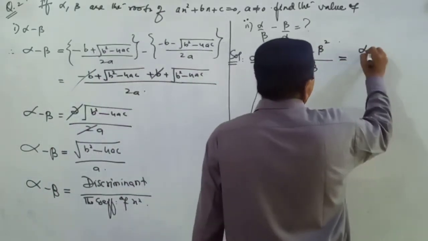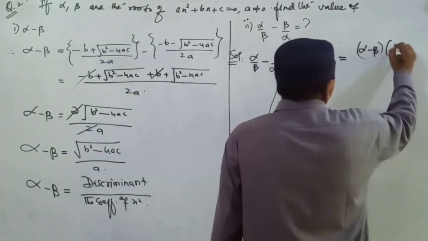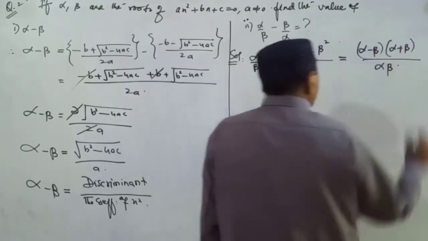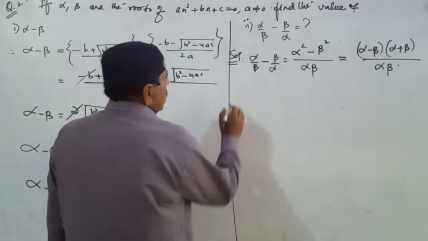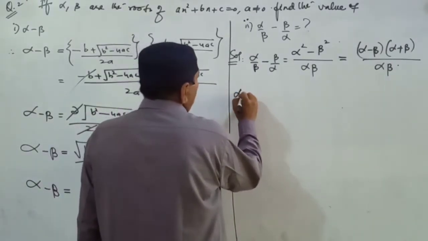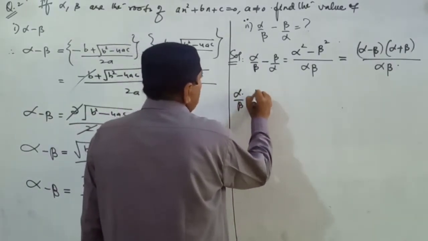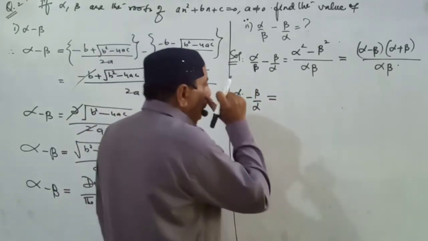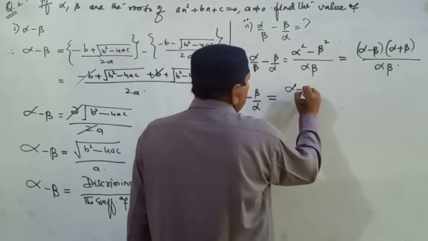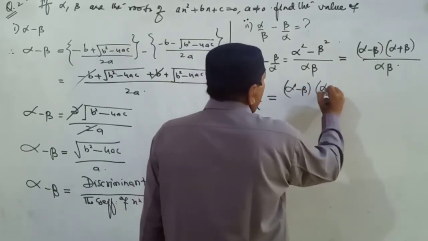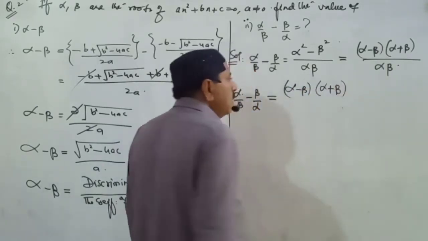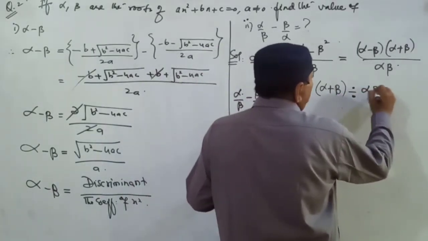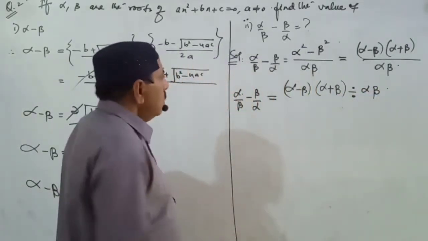This can also be written as (alpha minus beta)(alpha plus beta) upon alpha beta. So here alpha upon beta minus beta upon alpha is equal to (alpha minus beta)(alpha plus beta) divided by alpha beta.